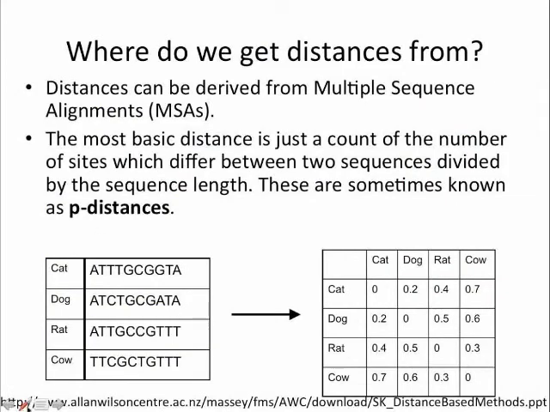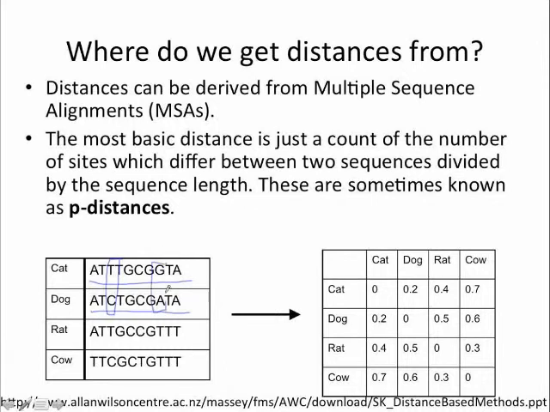To determine what's closer, one can look at distances between sequences. And so one common distance between sequences is a Hamming-type distance, where we first do an alignment between the sequences and then note the number of differences between them.